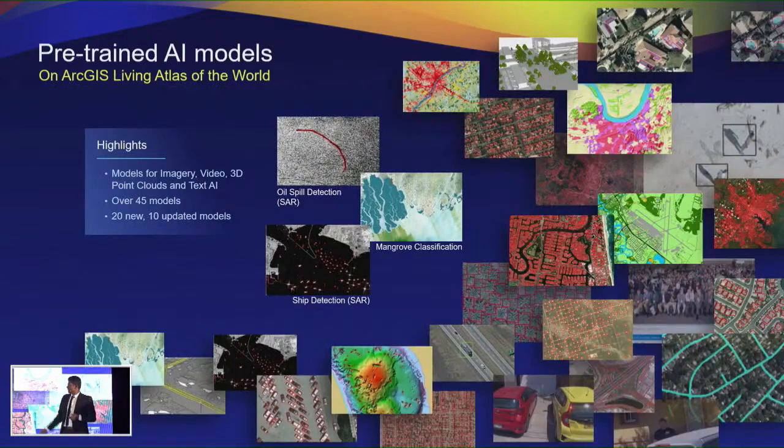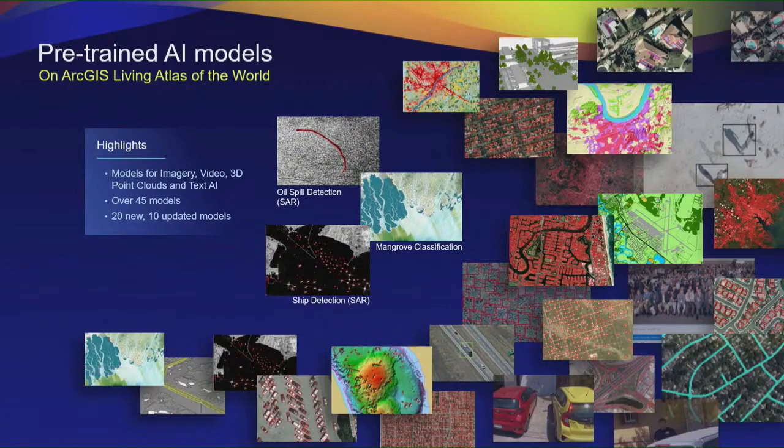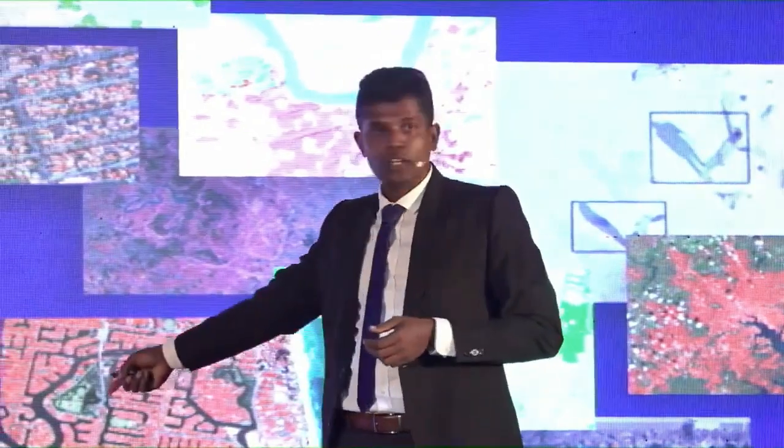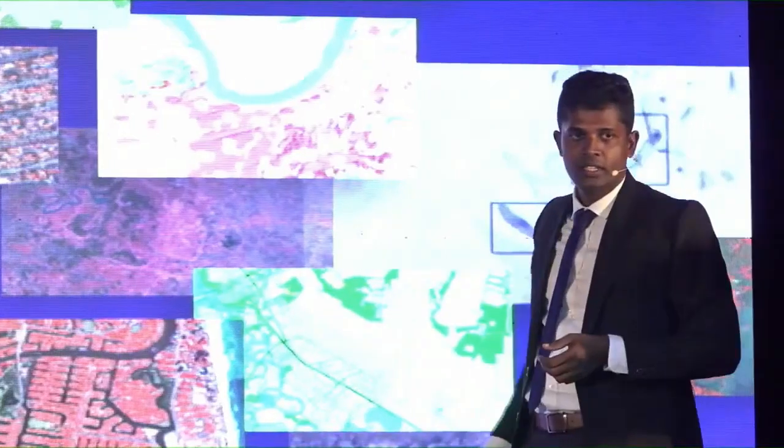Now you can see there are a lot of these pre-trained models. For roads, we can extract roads using high resolution imagery. For bathymetry, such as sea tracks, we can use those models and extract. Likewise, we have land use and many other things.